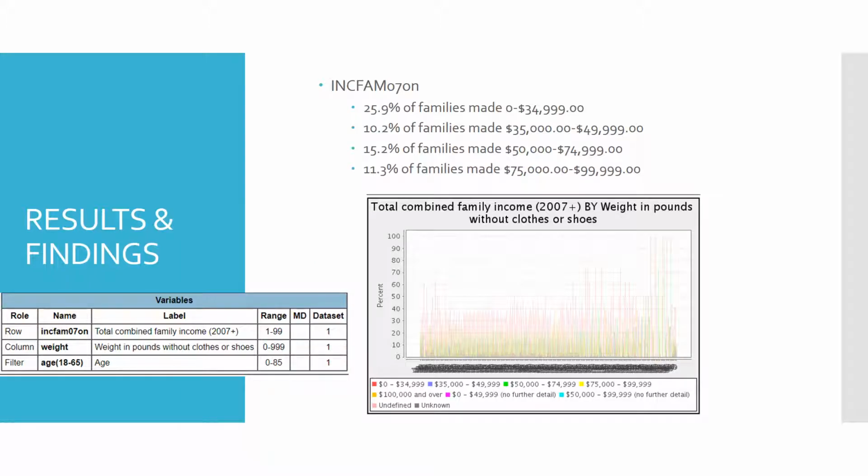For INC-FAM07-ON, the total combined family income compared to weight in pounds without clothes, 25.9% of families made $0 to $34,999 per year, 10.2% of families made $35,000 to $49,999 per year, 15.2% of families made $50,000 to $74,999 per year, and 11.3% of families made $75,000 to $99,999 per year.